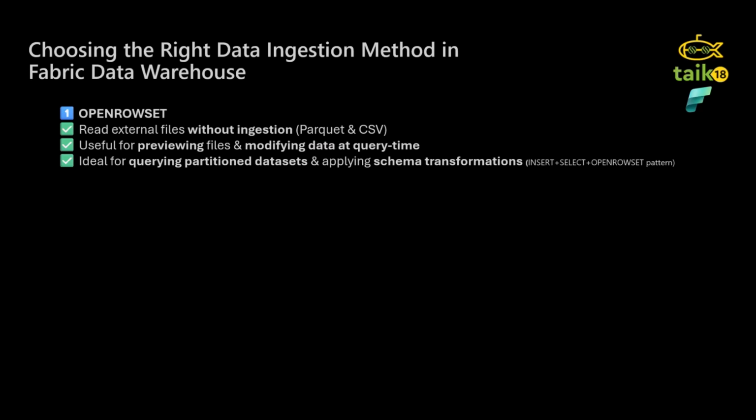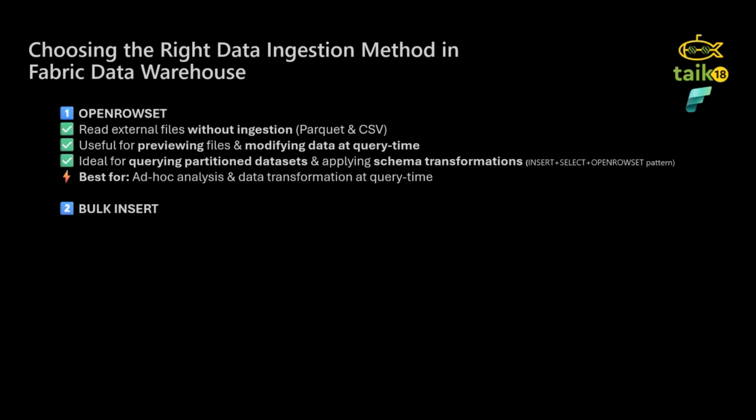You can also use it to insert, select using OPENROWSET. But generally, this is for ad hoc query analysis and data transformation at query time. So it depends on the use case, but you can also use this for your insert statement from external sources into your Fabric data warehouse.